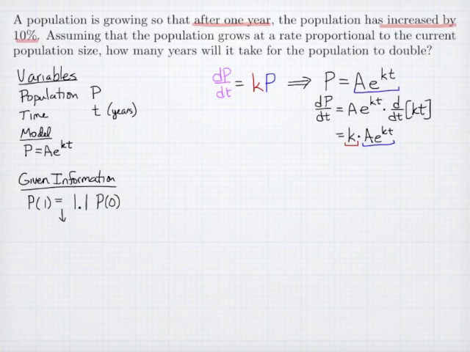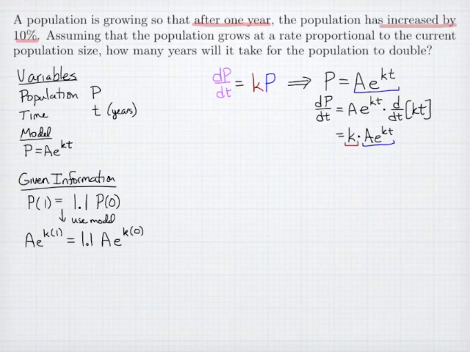What we'll do now is use our model and think of my population at time 1 through the model. A e to the kt, and t is 1. This will equal 1.1 times the population at 0. Again, A e to the kt, except this time my time is 0.